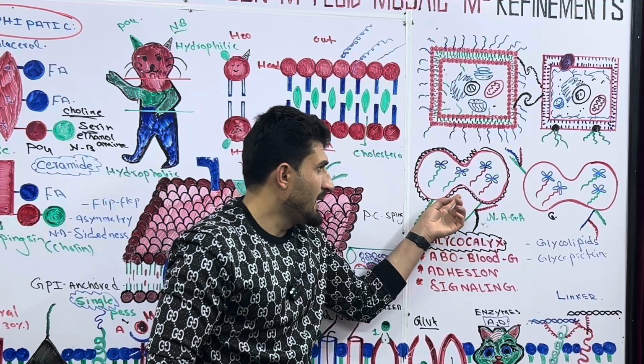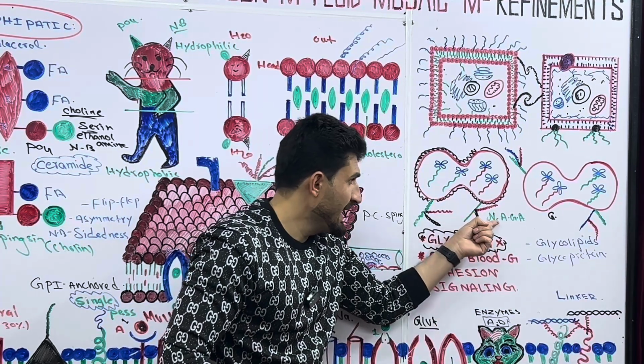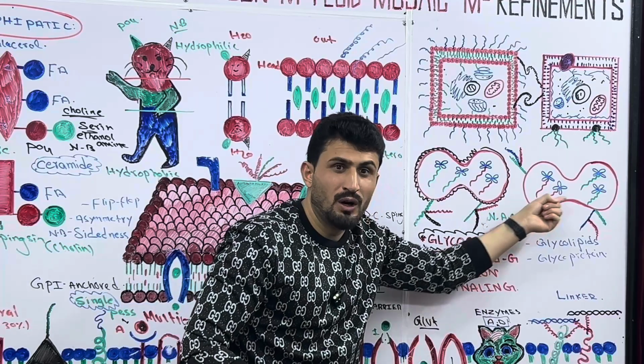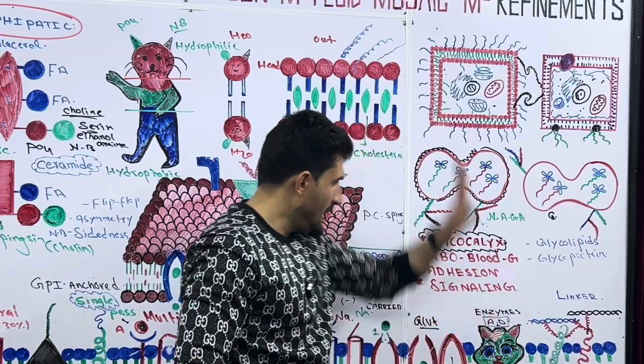For example, our blood group depends on these carbohydrates, whether it's A blood group, or B blood group, or O blood group, and we will study them in upcoming video lectures.